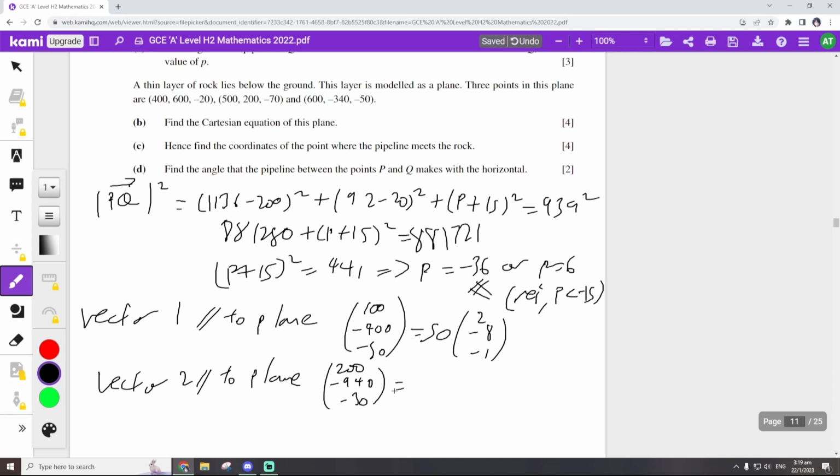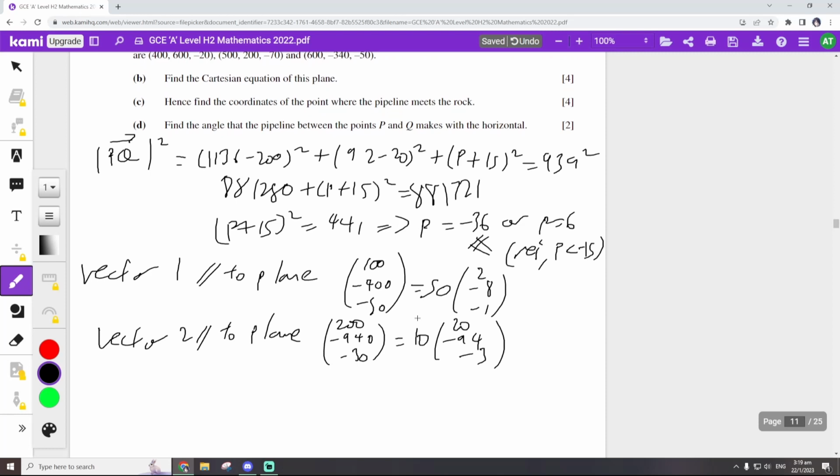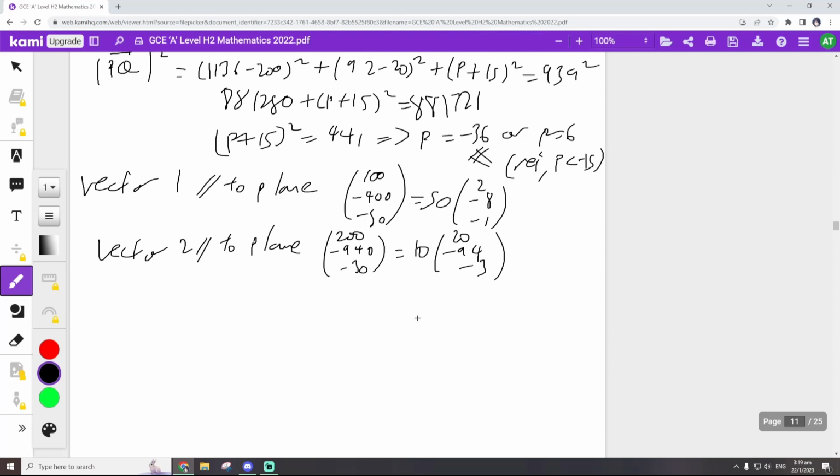And then this is 10, 20, negative 94, and negative 3. Okay. Normal vector is negative 281 cross 20, negative 94, negative 3. Sorry, negative 1, 94, negative 3.